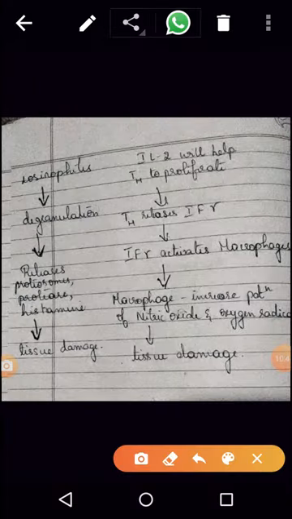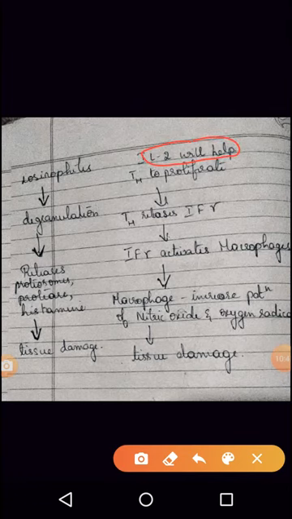Now we are concerned about interleukin 2. It will help the T helper cell to proliferate, that means to increase in number. Who releases this? The macrophage releases it. Where does it go, the interleukin 2? It goes to the T helper cell.